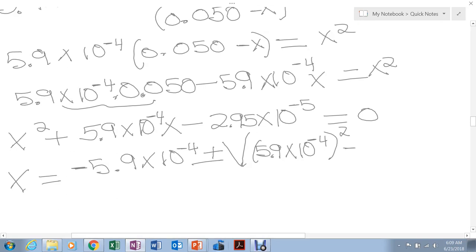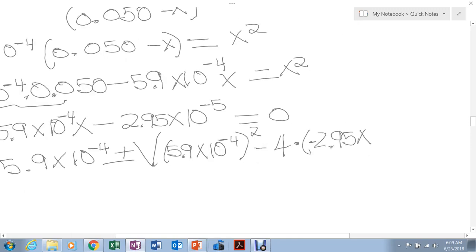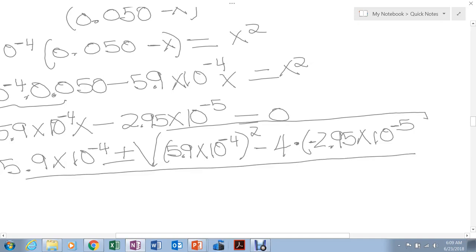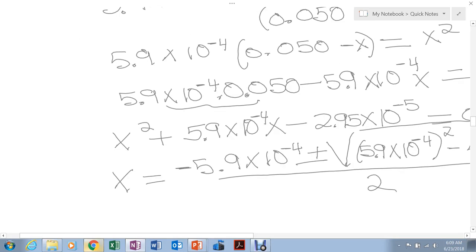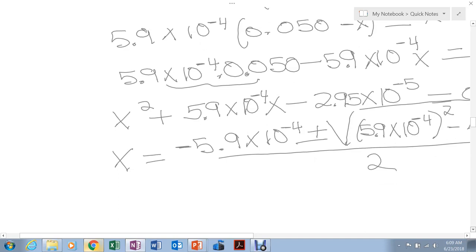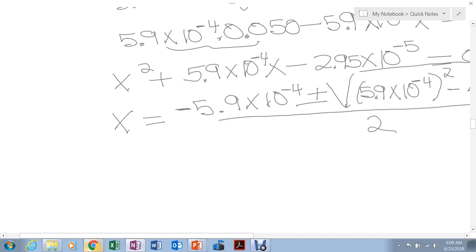And a is 1, and this would be minus c, 2.95 by 10 to the negative 5. And this all divided by 2a, and a is 1.